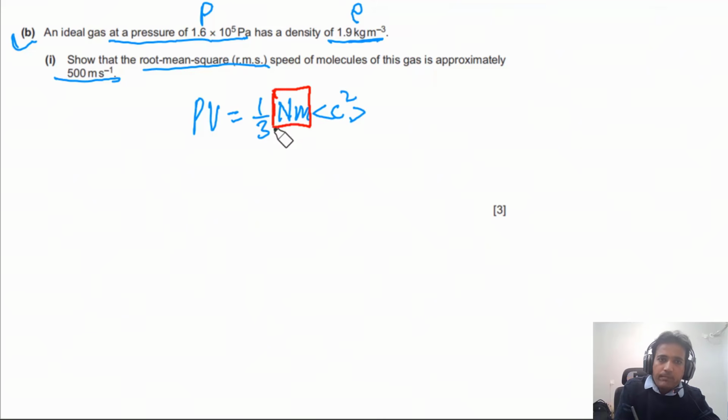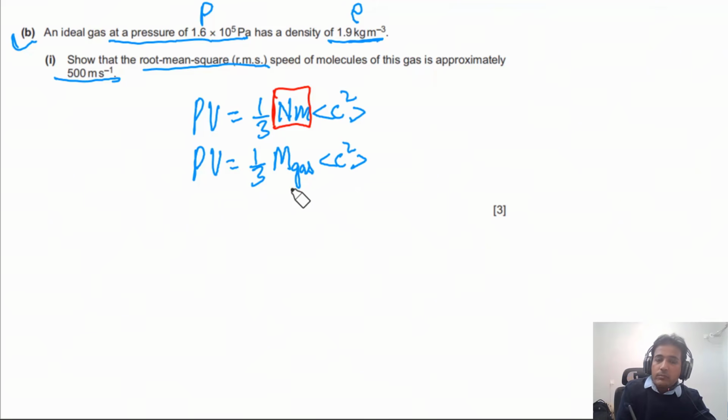N times m: m is the mass of a single molecule, N is the number of molecules. So this is the total mass of the gas. So we can say PV is equal to 1 by 3, and I can write capital M, the total mass of the gas, times mean square speed.